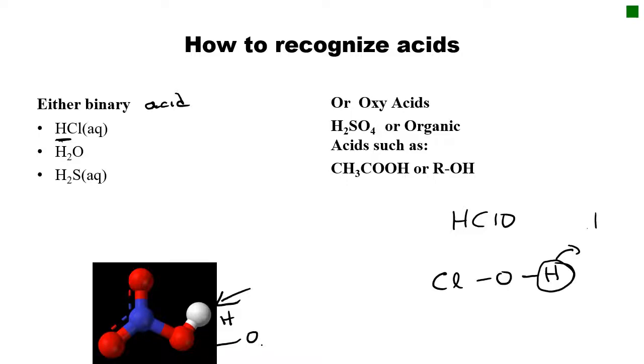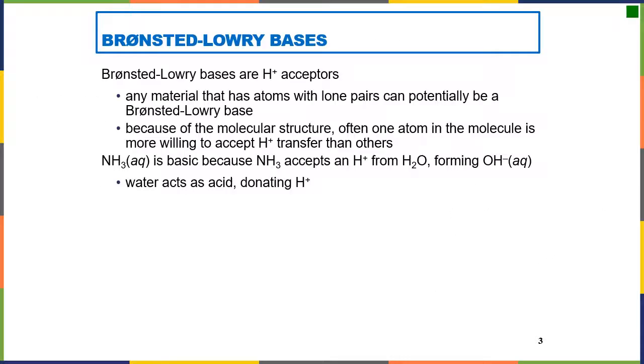It's going to come off as an H plus. And remember, our organic acids either contain a COOH group or an OH group where the hydrogen at the end can be donated. So those are our acids.